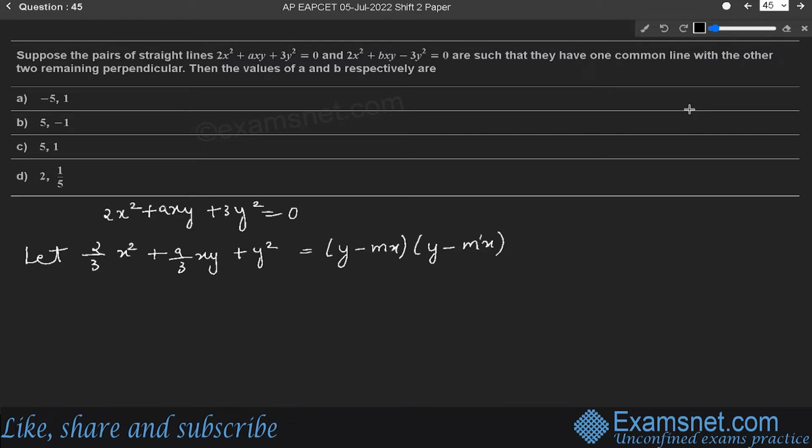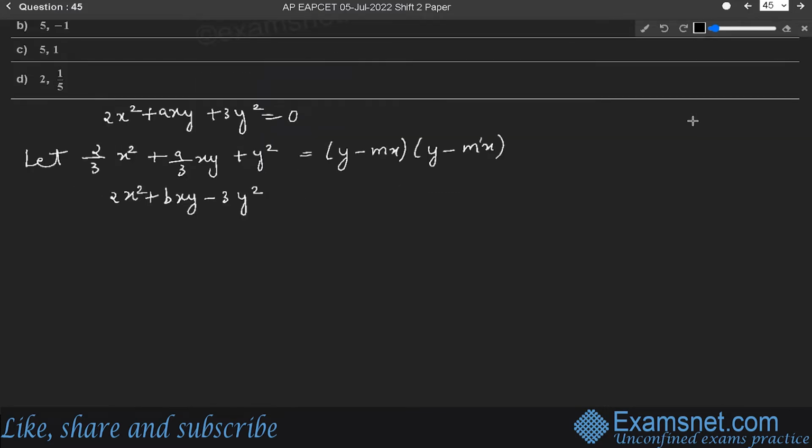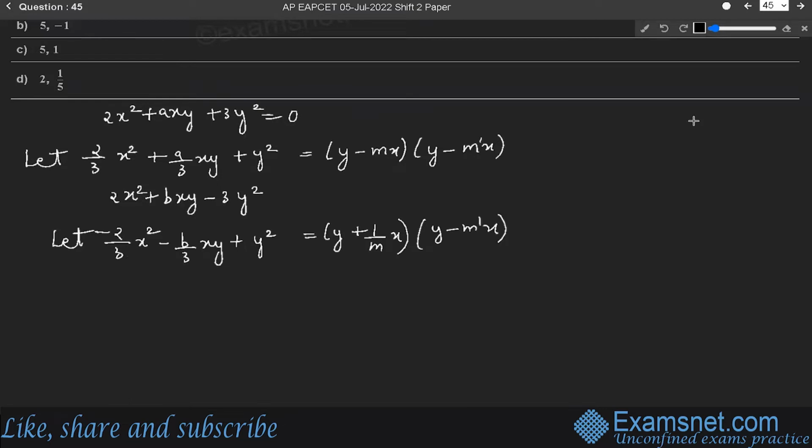There is another equation, which is 2x² + bxy − 3y². On repeating the same thing here and dividing it by −3, it becomes −2/3 x² − b/3 xy + y². Let this equation be equal to (y + (1/m)x)(y − m'x).